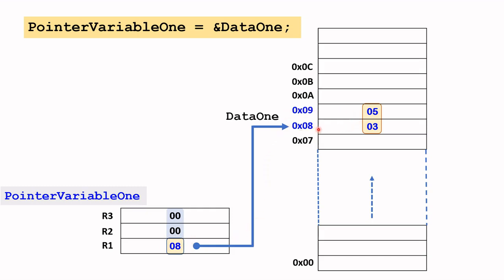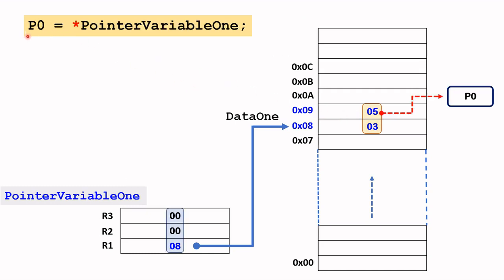And in locations 08 and 09, we find 03 and 05, which we highlighted earlier. And then with this instruction, the byte 05 is sent to port 0, P0. All right, so that's how we use a pointer to access the data stored in data 1.